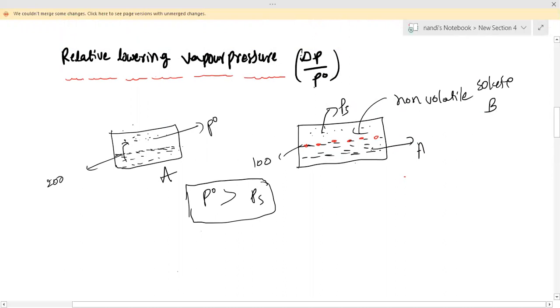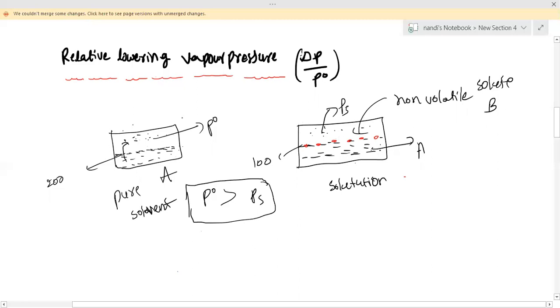What is the meaning? Very simple. This is pure solvent and this is solution. I am going to compare them. Compared to pure solvent, how much does the vapor pressure decrease with respect to the solution?